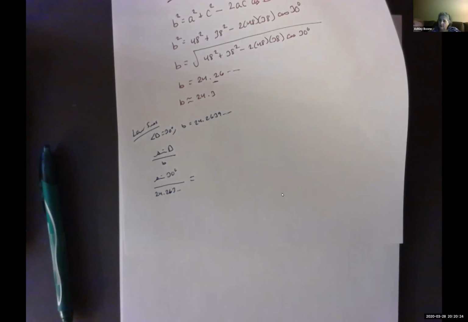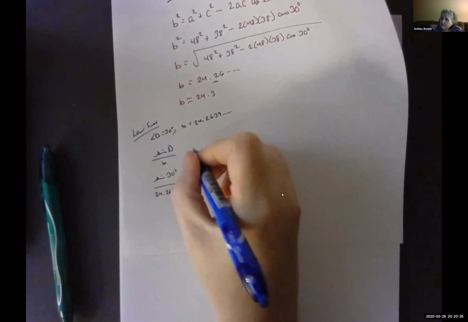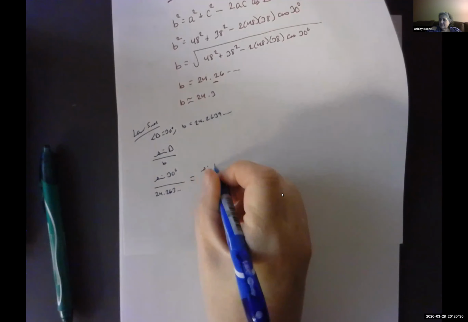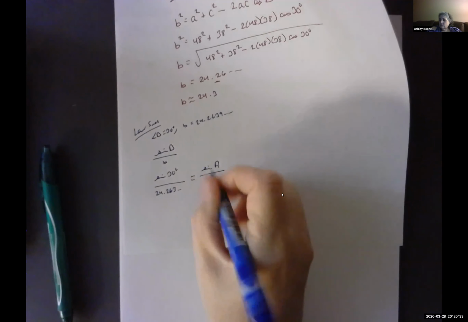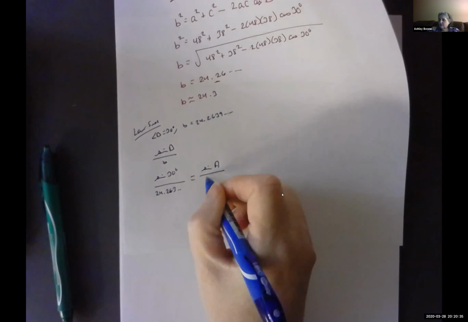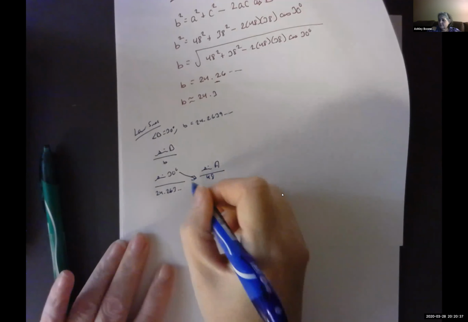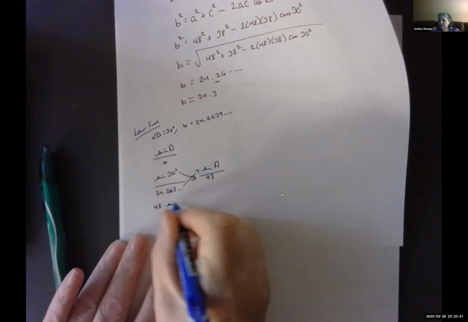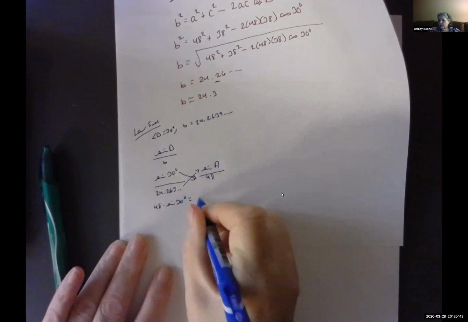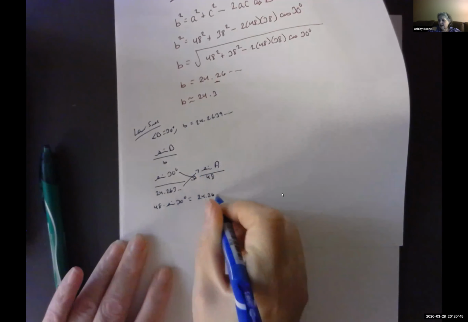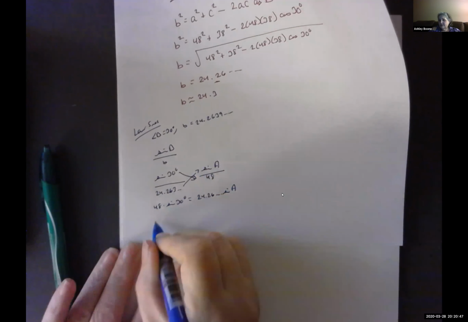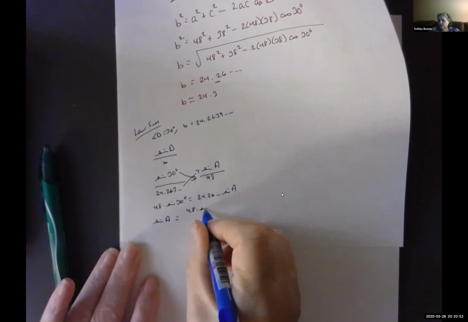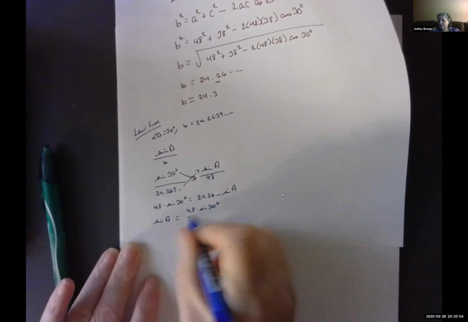I need to go after one of my angles. It doesn't matter which. I'm going to go ahead and go after sine of A first. So I'll say sine of A is to the side A, which was 48. I'm going to cross multiply. So I have 48 times the sine of 30 degrees equals that 24.26, etc., times sine of A. That means sine of A is equal to 48 times the sine of 30 degrees over that big old number.